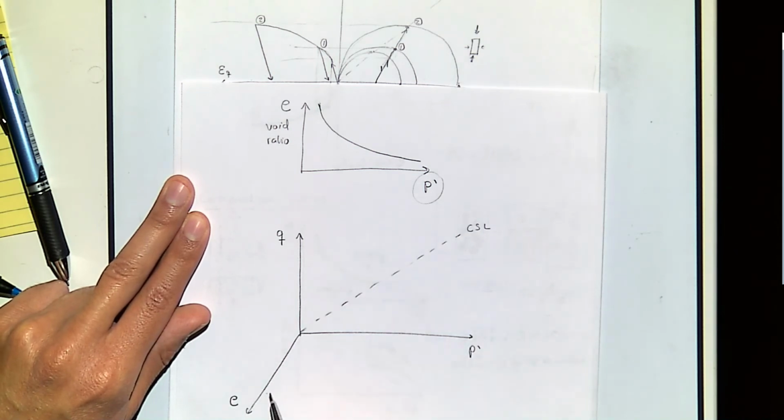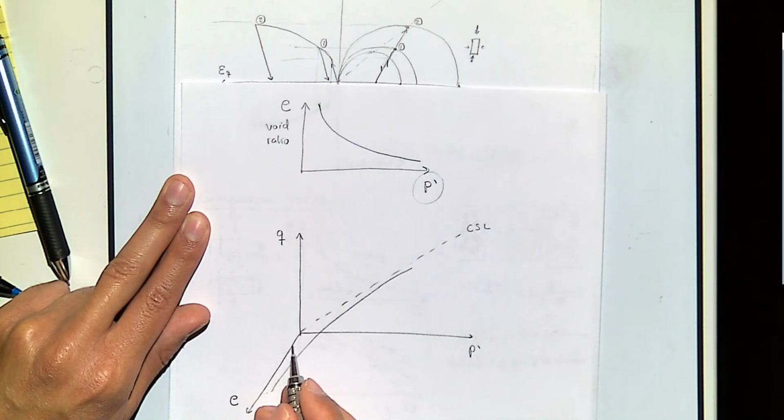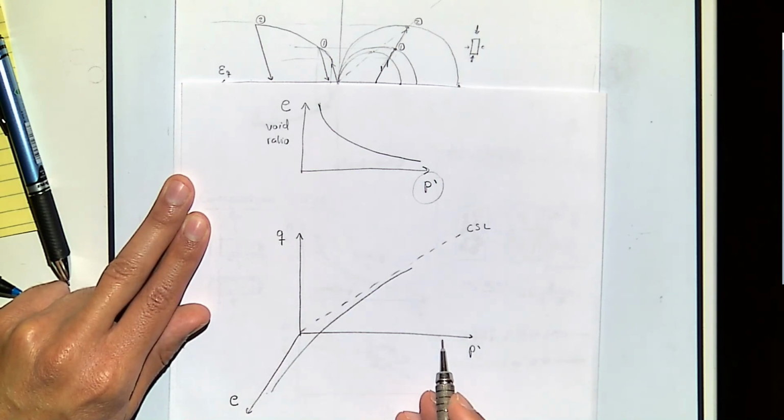As we said, high porosity or high void ratio means low effective confining stress. Low void ratio or porosity means high mean confining stress.